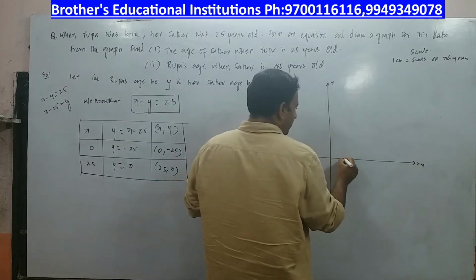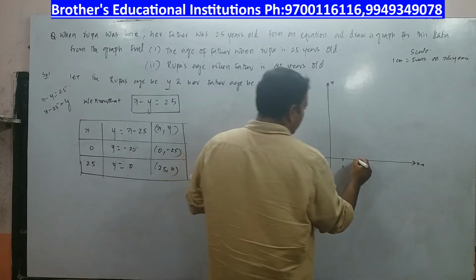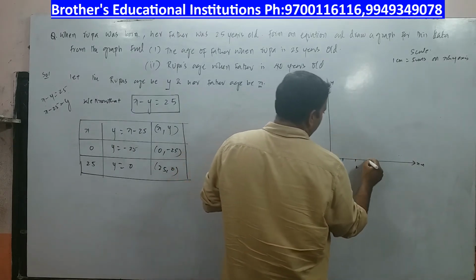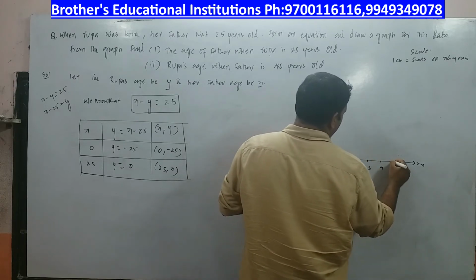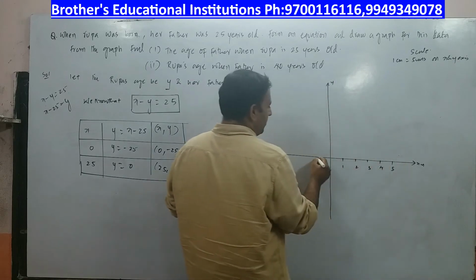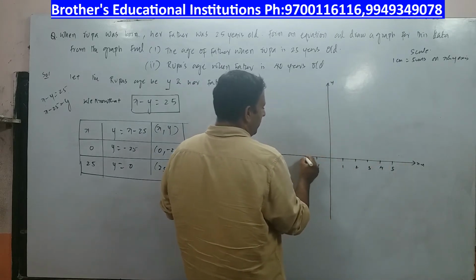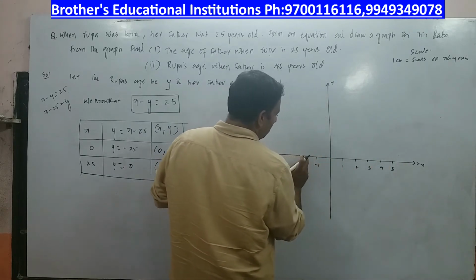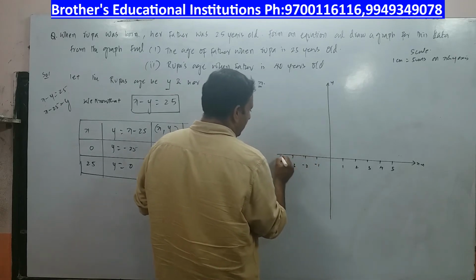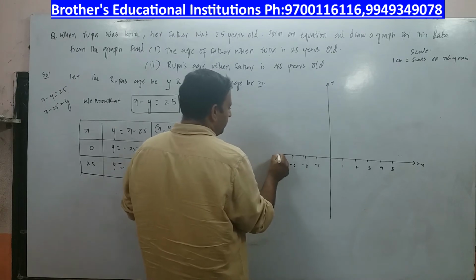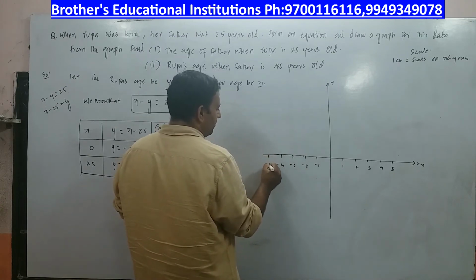So let us take this as 1, this is 2, this is 3, this is 4, and this is 5. Similarly, you have minus 1, minus 2, minus 3, minus 4, and minus 5.